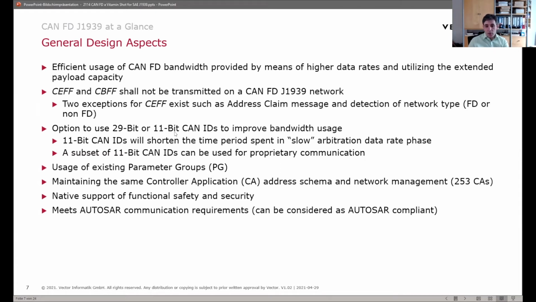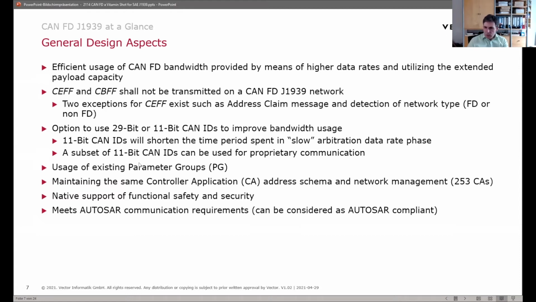It's not only proprietary. However, on a limited basis, you can still use some 11-bit CAN IDs for proprietary communication, but it is way more limited than it used to be on the classical bus. So you have enough capabilities to do proprietary communication, but this is one of the changes. And we do this because we want to use the benefit that 11-bit CAN identifiers provide.